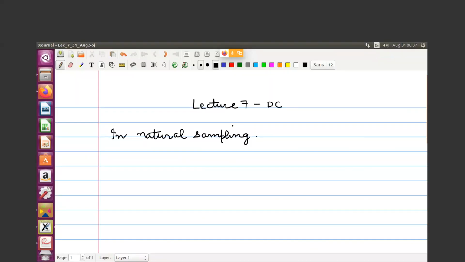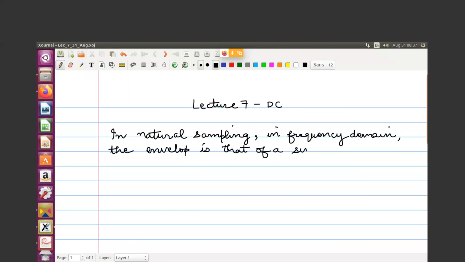So in natural sampling, in the frequency domain, the envelope is that of a sinc function.